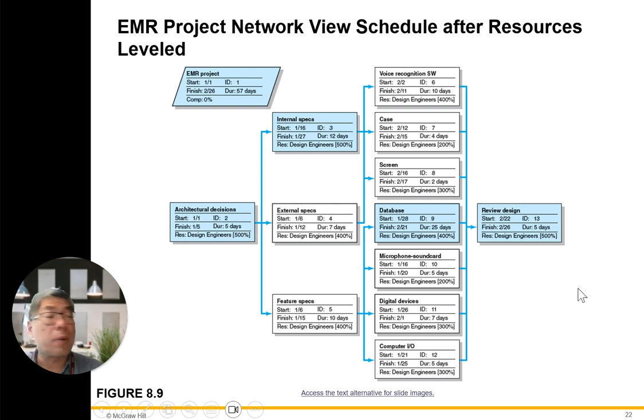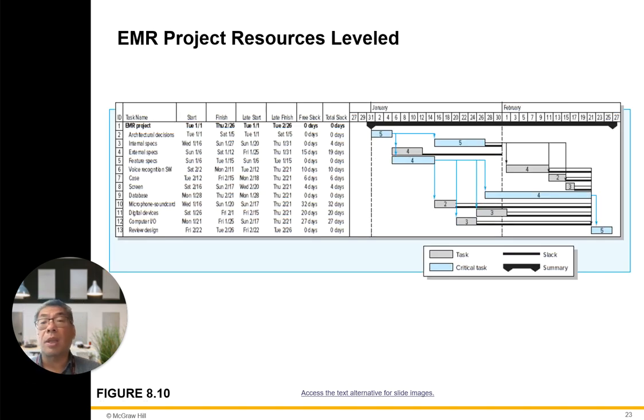From the feature design, from the project here, there's internal, external, as well as feature specs, all the way from the voice, case, computer, as well as the review design. They give you the detailed duration of 5 days here. Engineering is almost 500% there. So project resources give you an idea where the project resources are, level up, tasks, and the things that they are required for, okay?